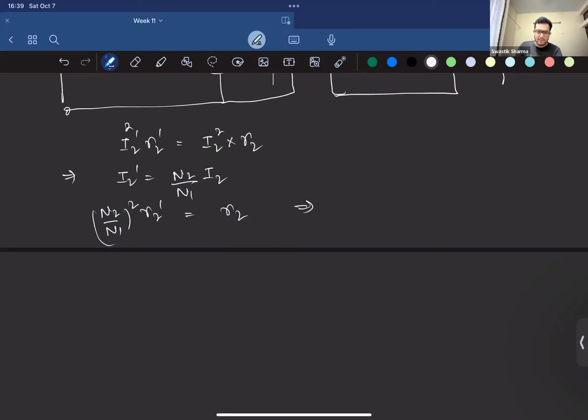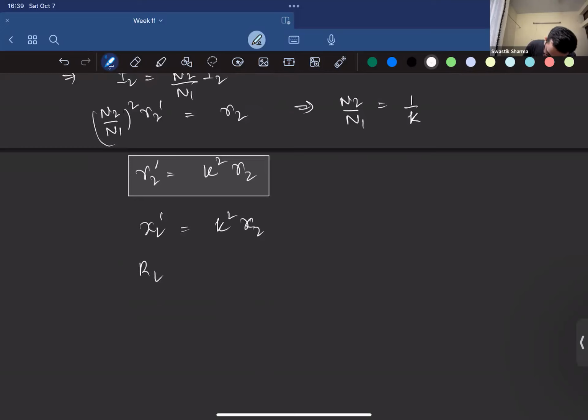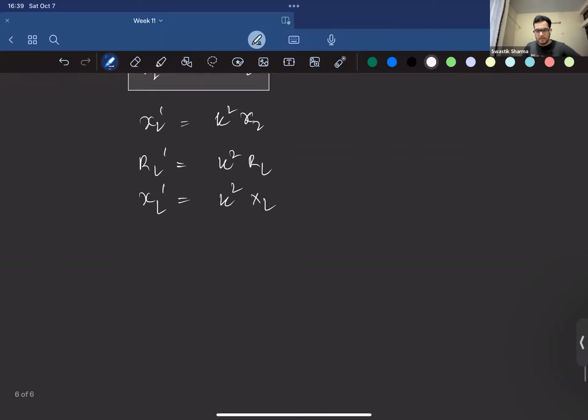N2 by N1 is K, or 1 upon K, sorry. So R2 dash is K squared R2. Similarly, X2 dash can be written as K squared X2. R load dash can be written as K squared RL. And XL dash can be represented as K squared XL, right?